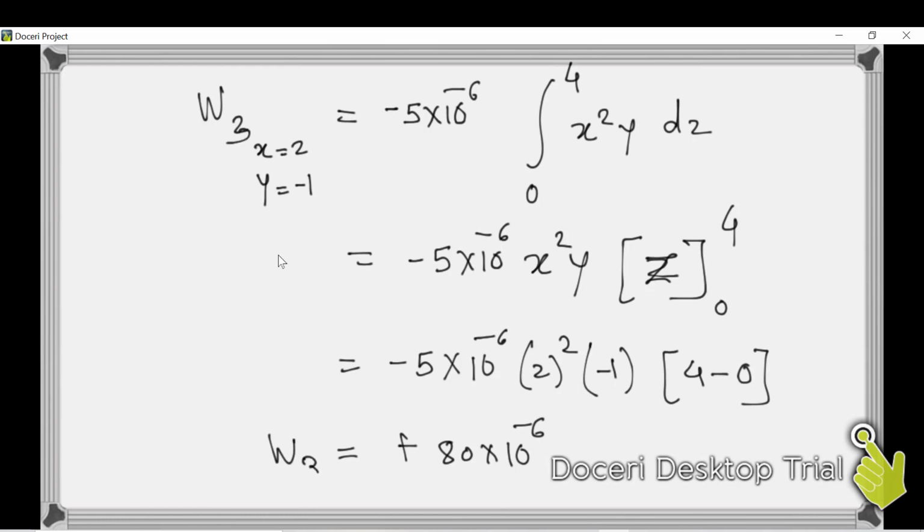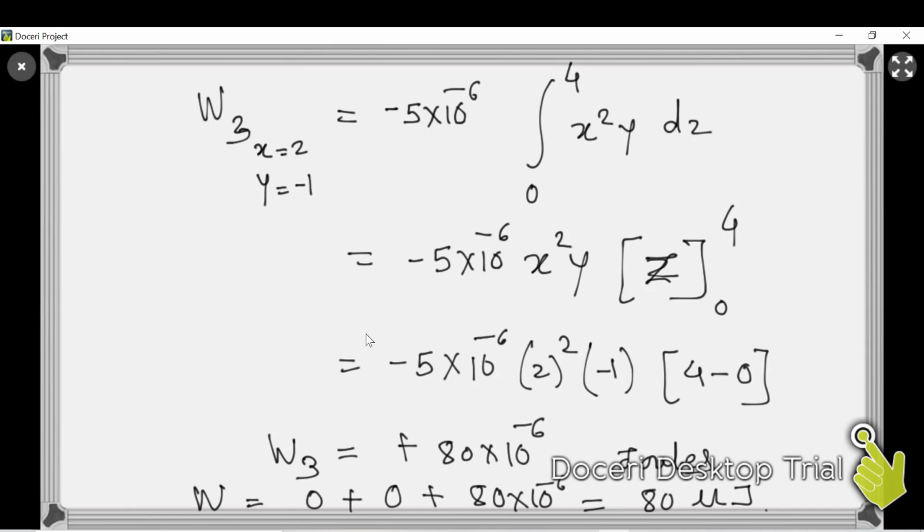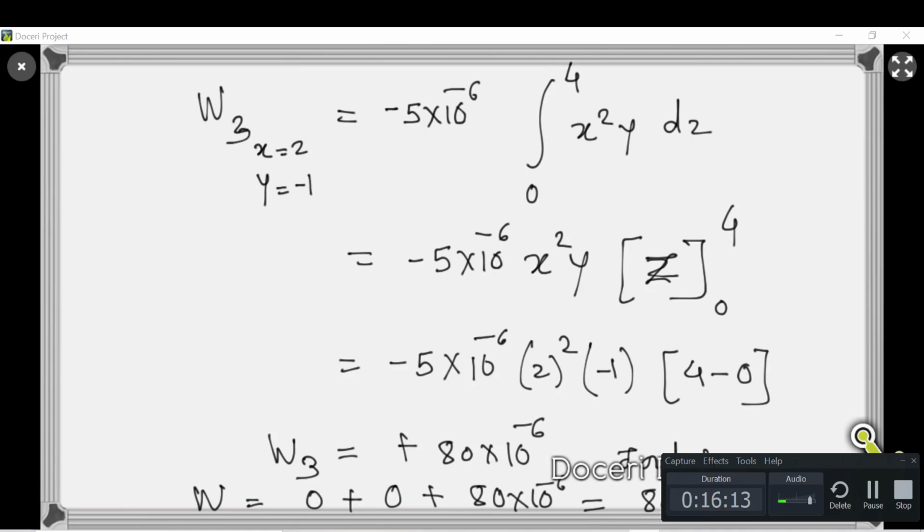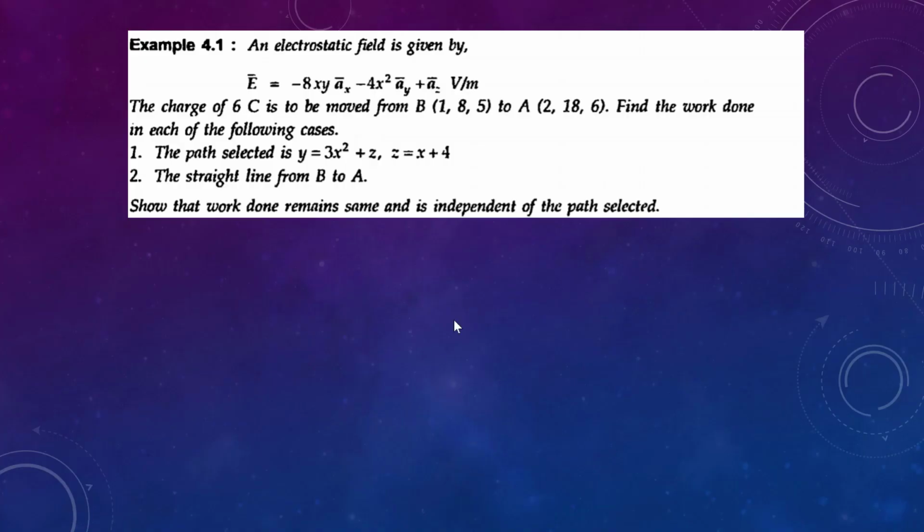W3 is measured in joules. So what is final W? W1 is 0 plus W2 is also 0 and W3 is 80 microjoules. So it is completely 80 microjoules. In this way we can solve the example.